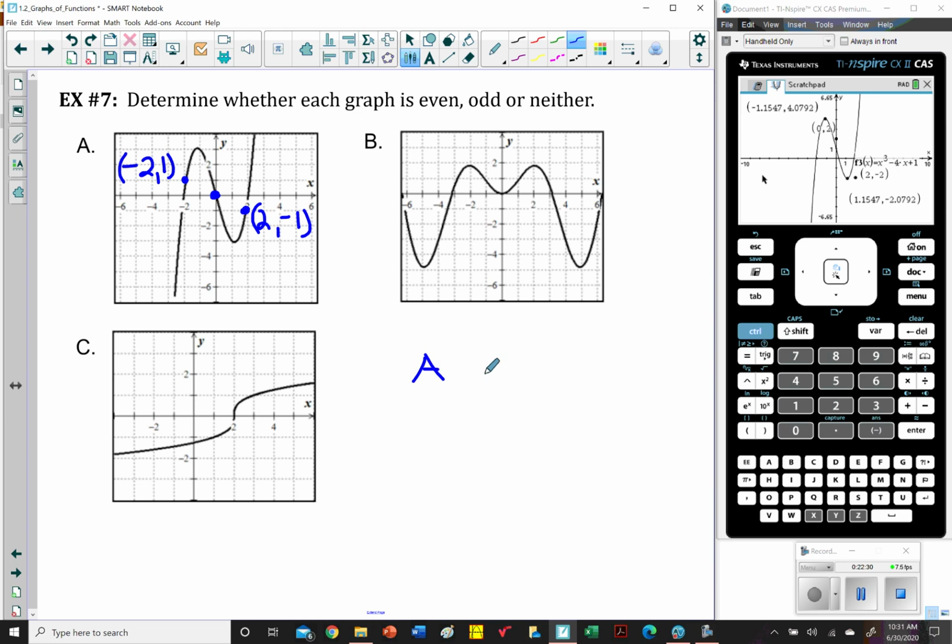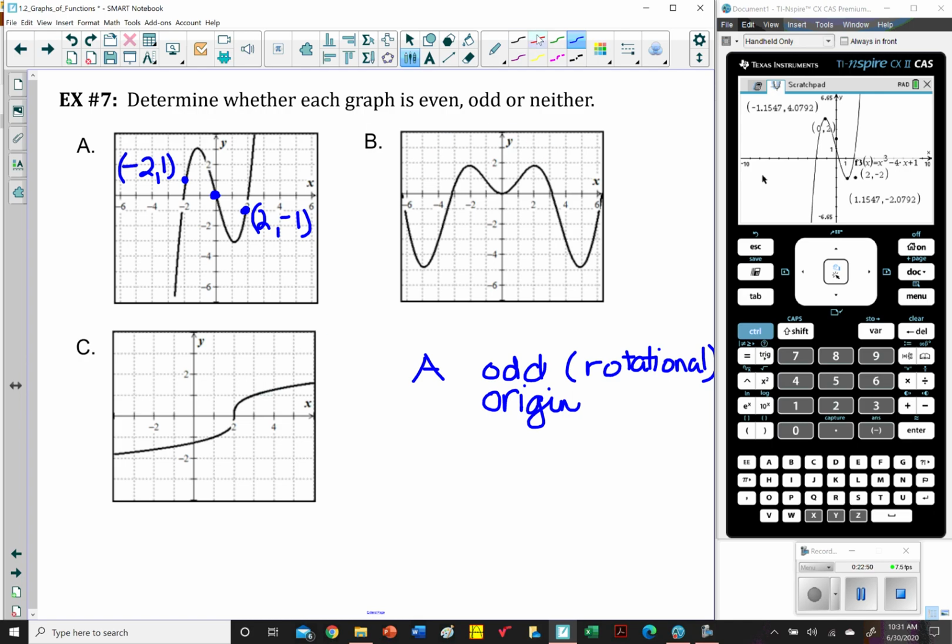So I would say A is an odd function. That's rotational symmetry or origin symmetry, since it's symmetric about the origin.